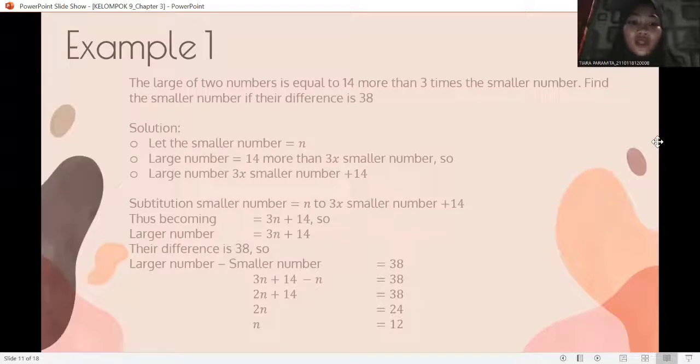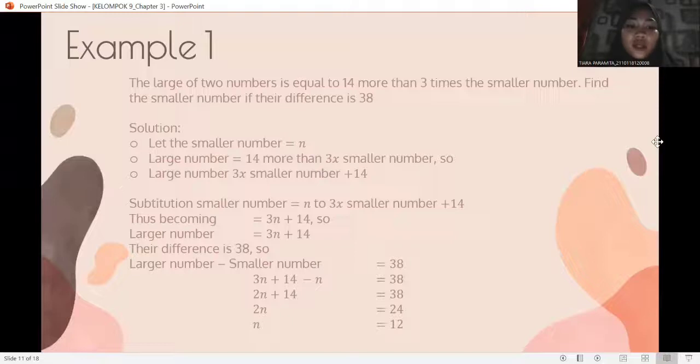Okay, substituting the smaller number n into 3 times the smaller number plus 14, this becomes 3n plus 14. So the larger number is 3n plus 14.